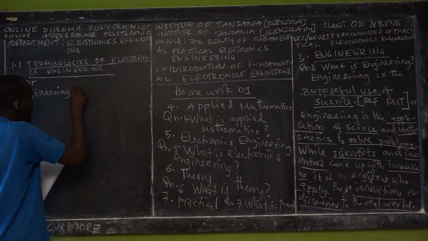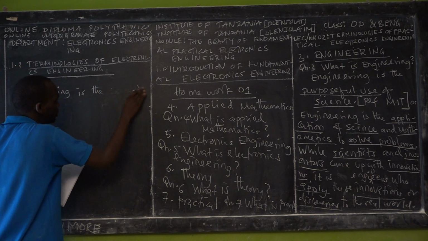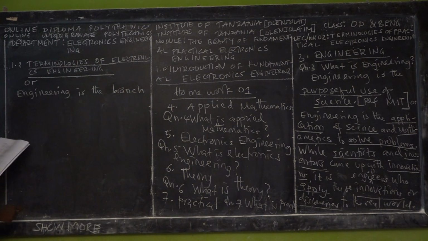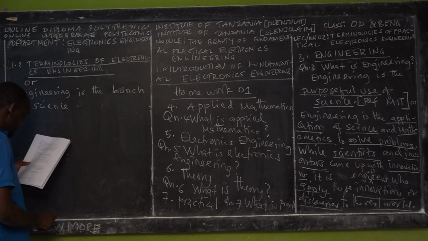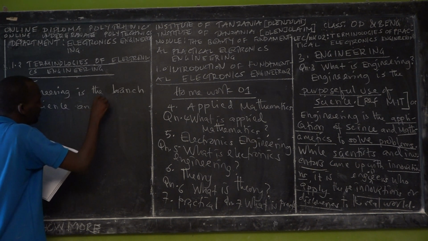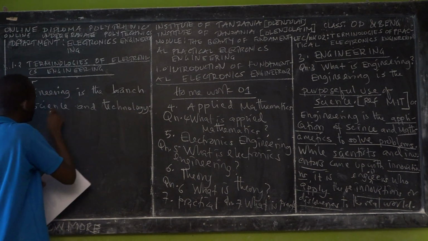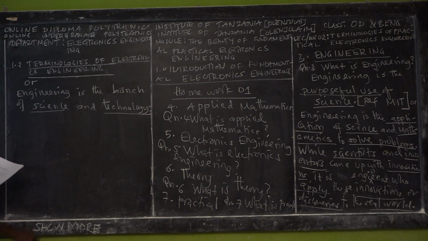So you can define engineering as a branch of science, or a branch of science and technology. In the previous definition, you see only science. You don't see technology. So engineering is a branch of science and technology.